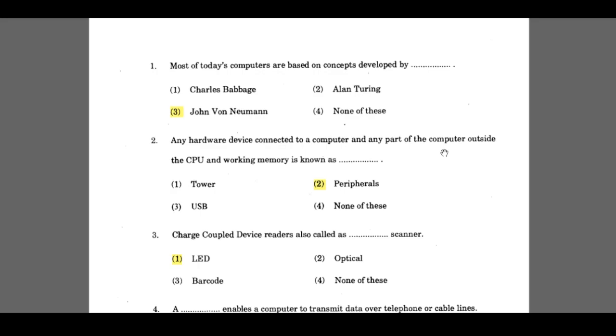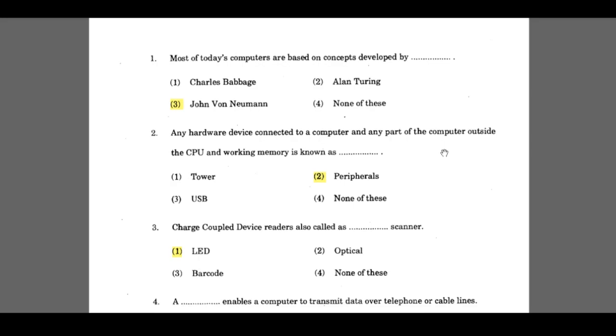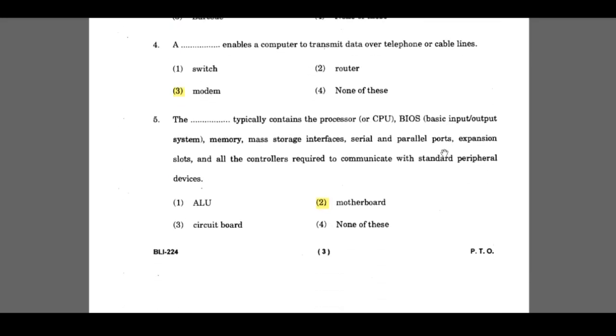Number 3. Charge coupled device readers, also called as dash scanner, LED. Number 4. A dash enables a computer to transmit data over telephone or cable lines. Modem.